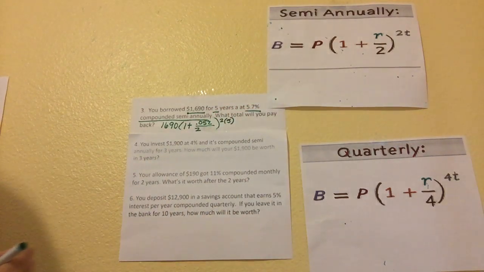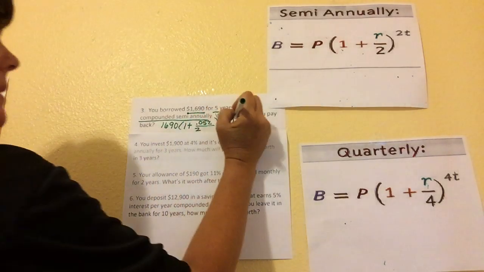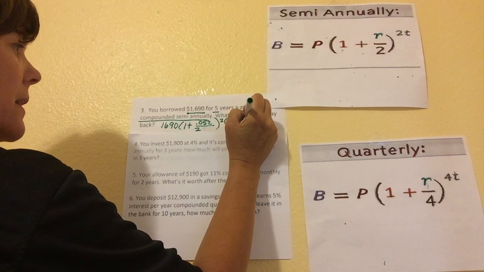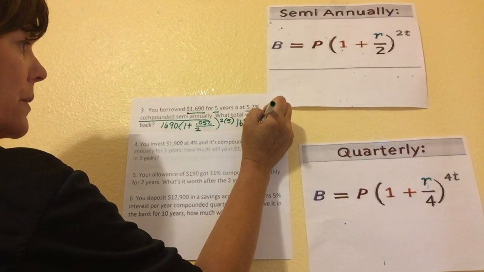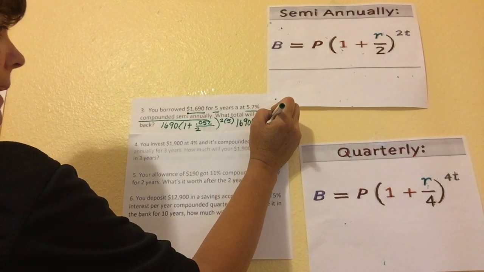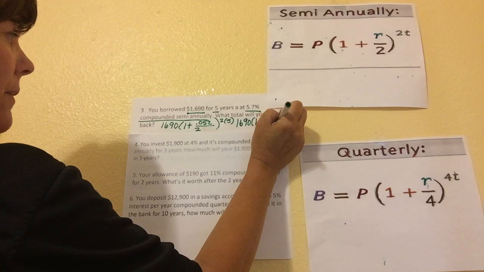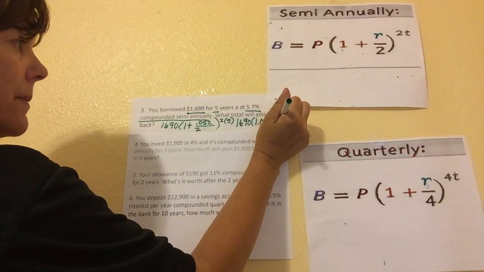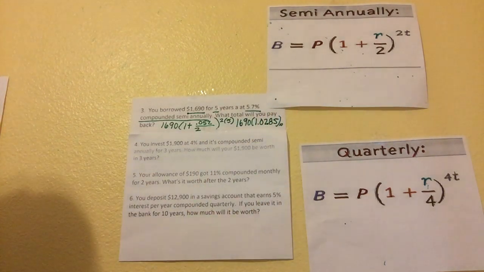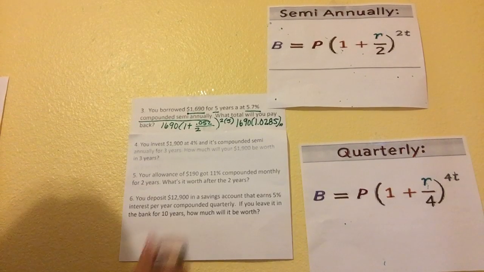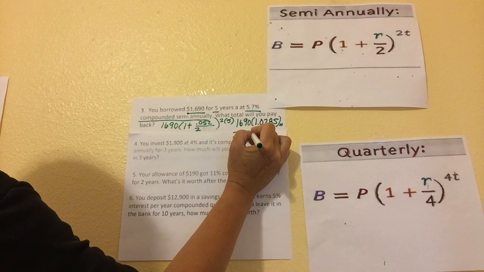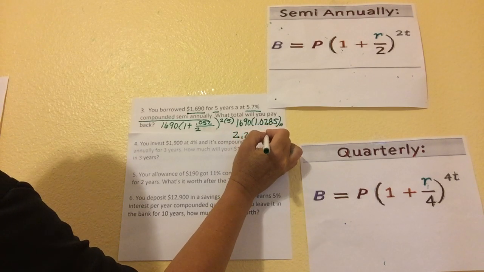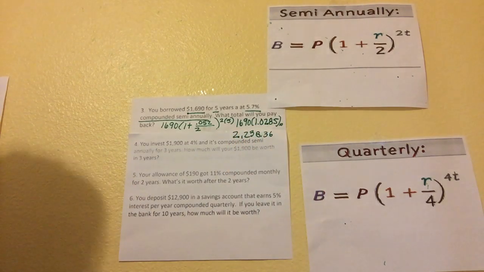Okay, so we're going to end up with 1690, 1.0285, and then 2 times 5 is 10. Okay, and then when we put that in our calculator, we're going to end up with 2,238.36. Okay.